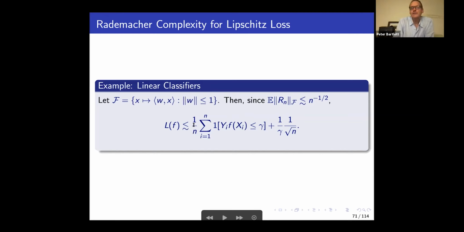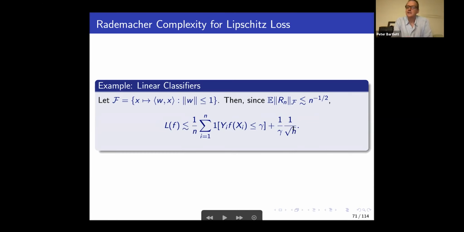So if we have good large-margin performance, this class has a bound on its risk in terms of the empirical margin-based loss that looks like one over square root of n times one over gamma.